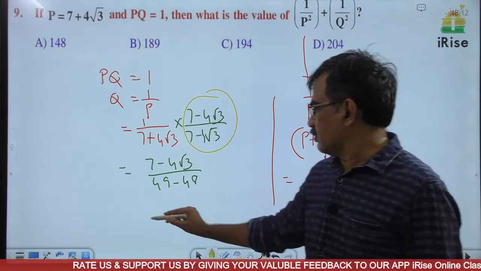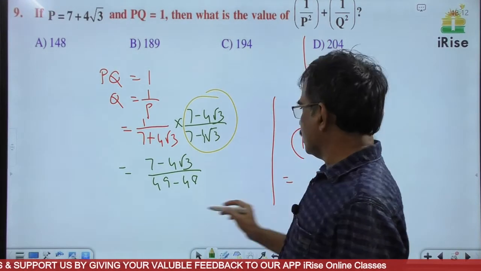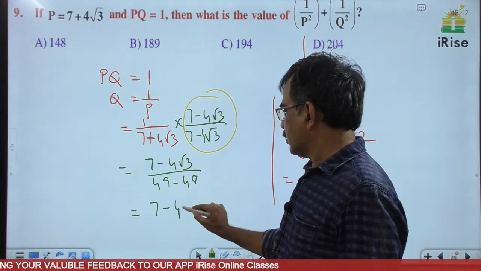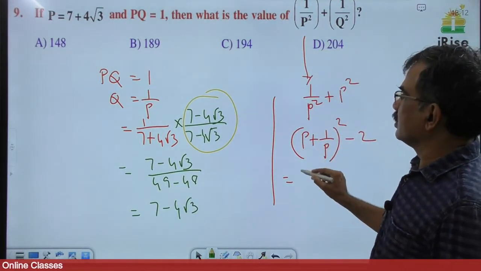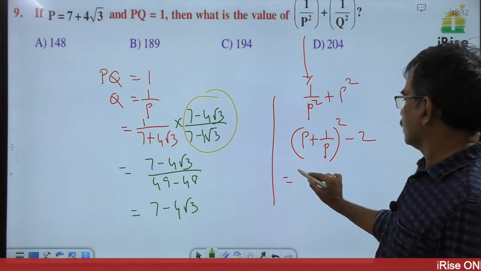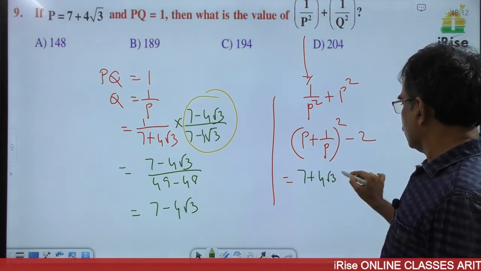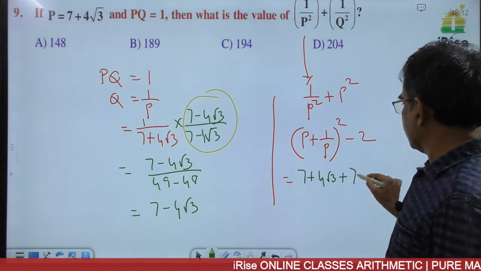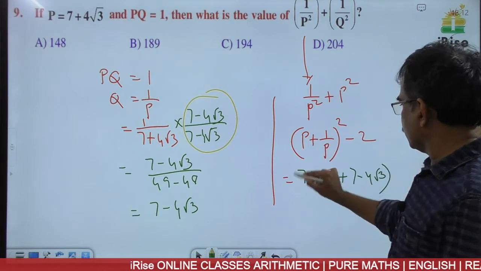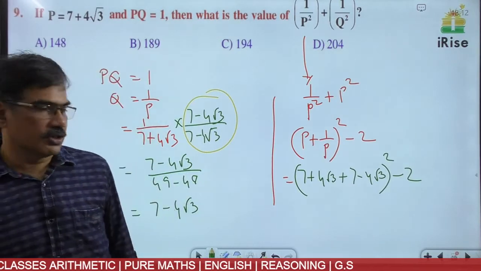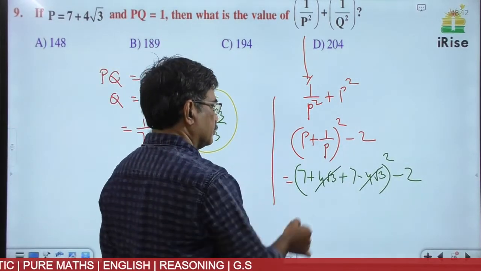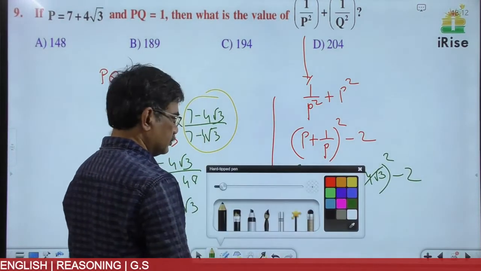So what do we get here? The value of q is nothing but 7 minus 4 root 3. So p plus 1 by p is 7 plus 4 root 3 plus 7 minus 4 root 3, whole square minus 2. 4 root 3 gets cancelled. 7 plus 7 is 14.